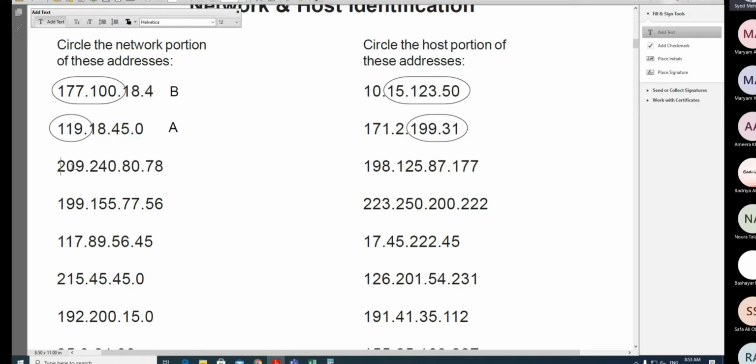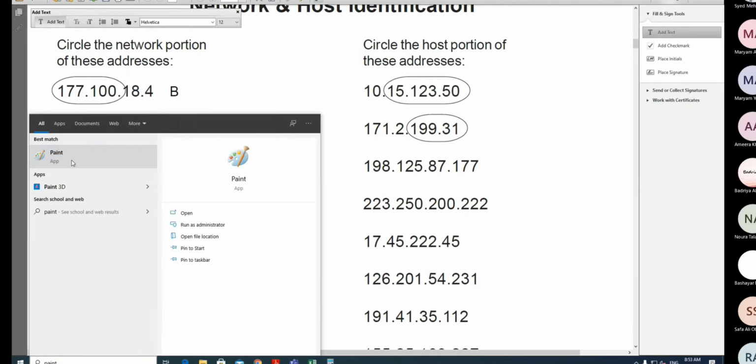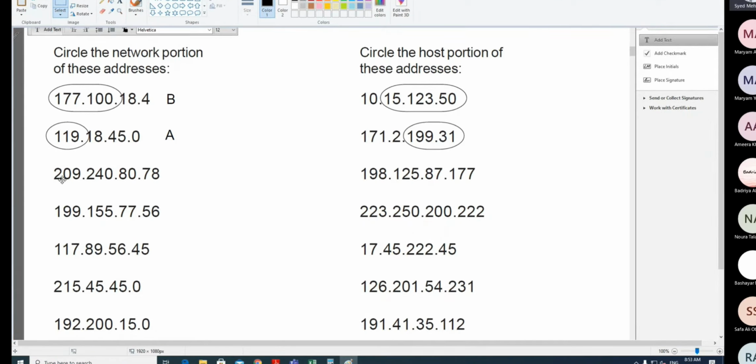Now here 209. So 209.240 belongs to class C. What will be the network portion in this case? If we need to make a circle here, what will be the network portion?